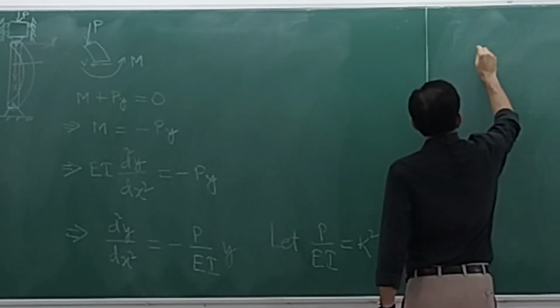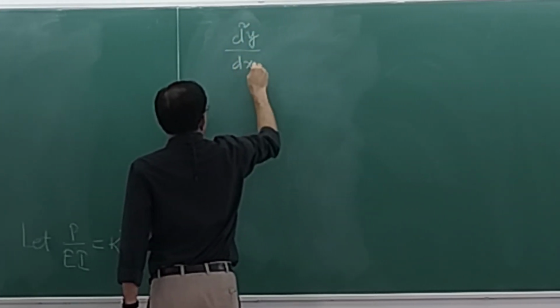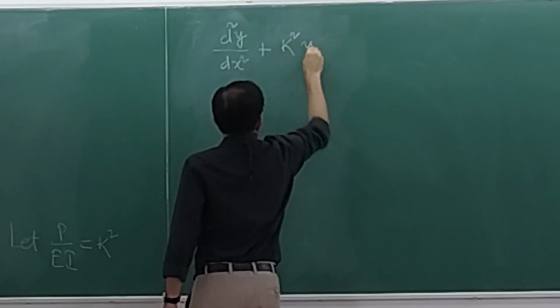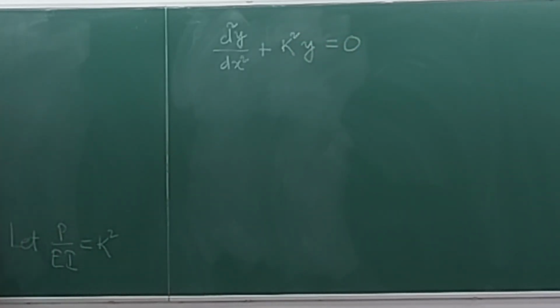Therefore, the equation that we are going to get is this: d square y dx square plus k square y equal to 0. All good?